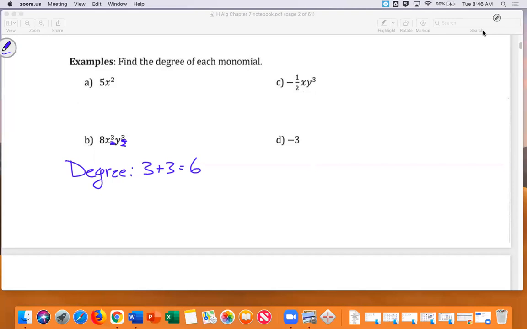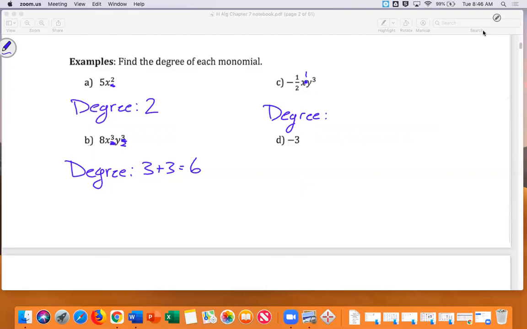All right, let's go to A. Ryan, what's my exponent in A? Very good. That's your degree. Okay? Eddie, C, 3. Very good. How'd you know it was 3? That's a 1.